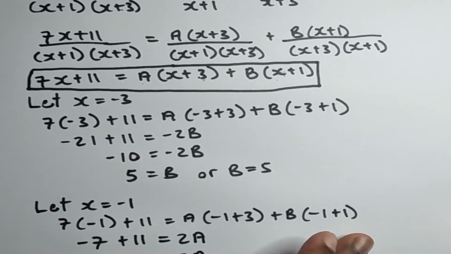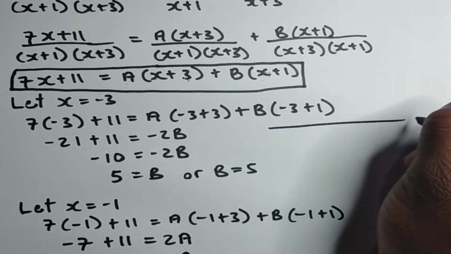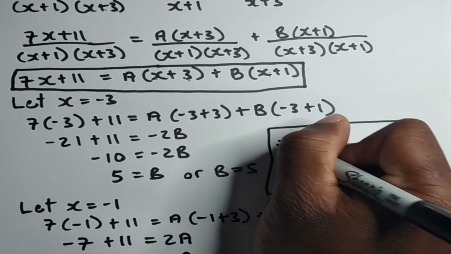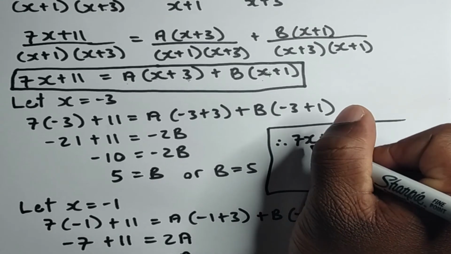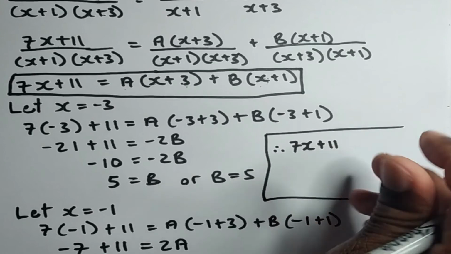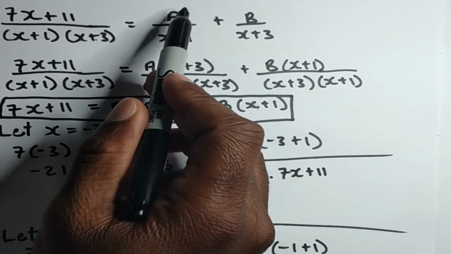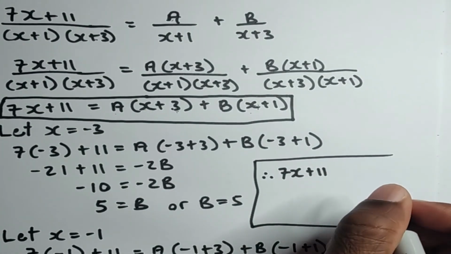I'm going to put it over here a little bit so you can see it. Therefore, 7x plus 11. Ensure you're seeing this. The only thing that will change is that I'm just going to replace the a and the b with the values that we got for both of those things.